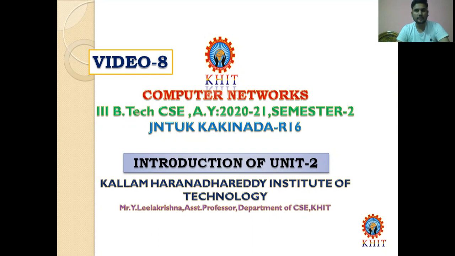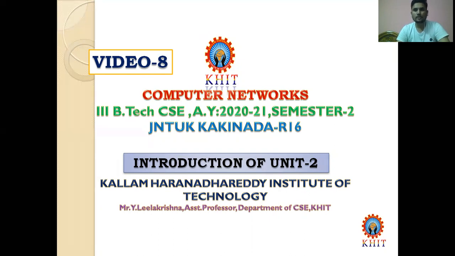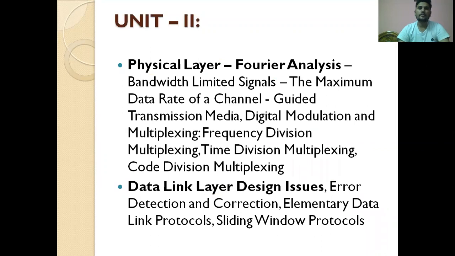In both devices, the physical layer plays the major role in the OSI reference model, which we discussed in the 7-layer architecture. I think you already understand that. Unit number 2 is the physical layer and some part of the data link layer.